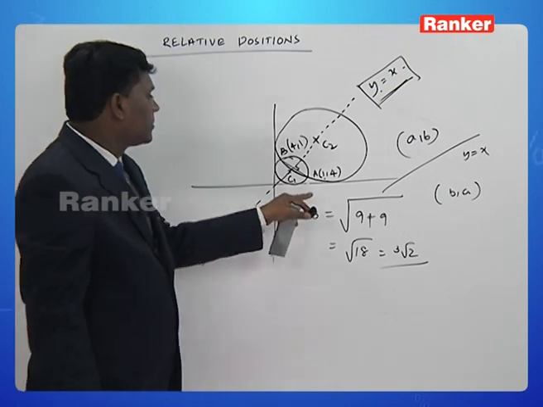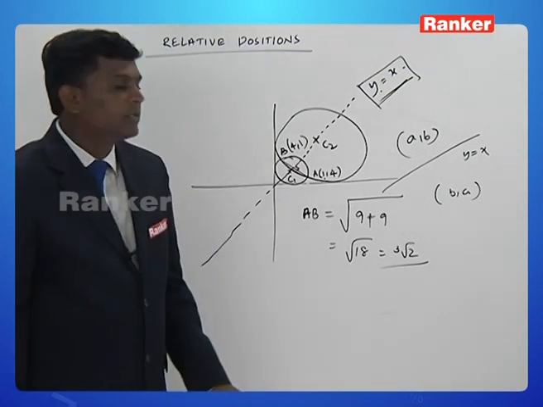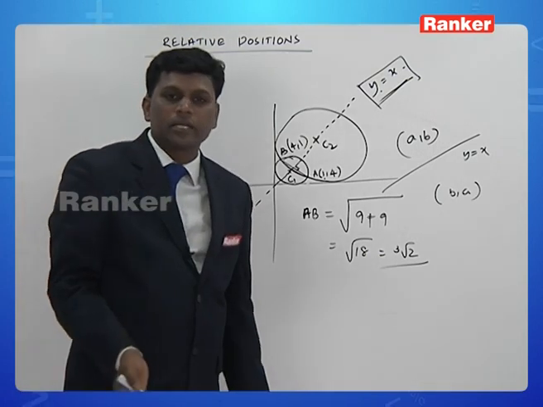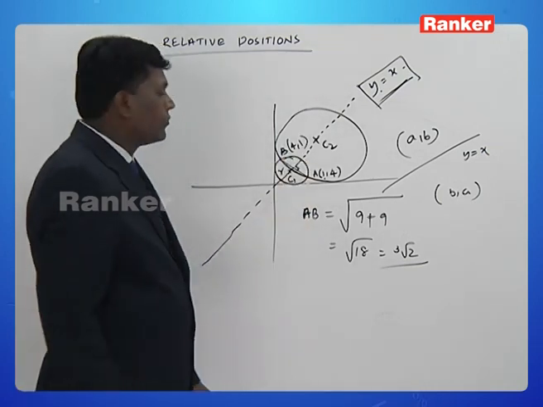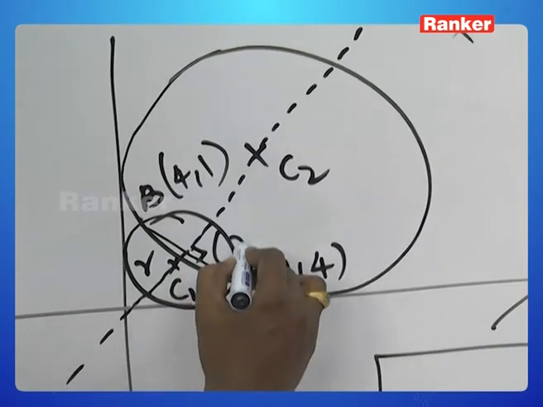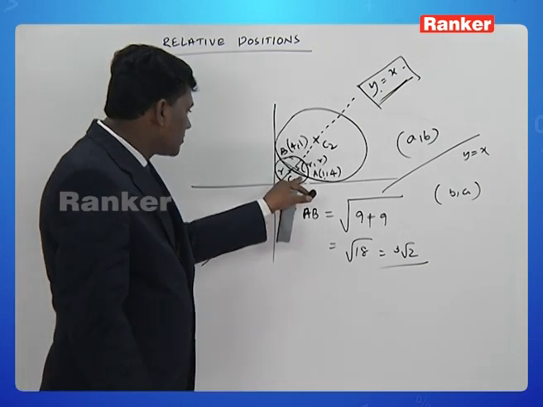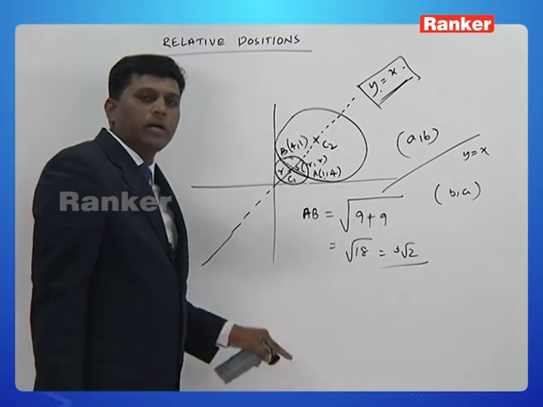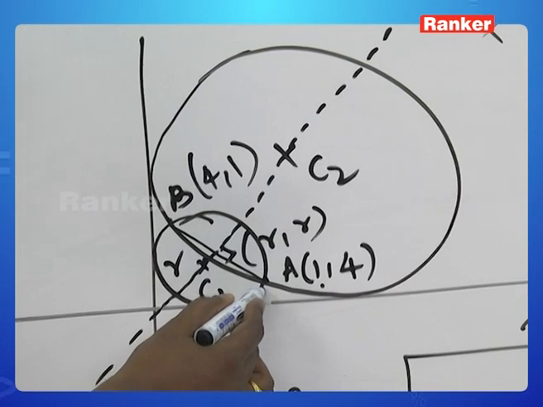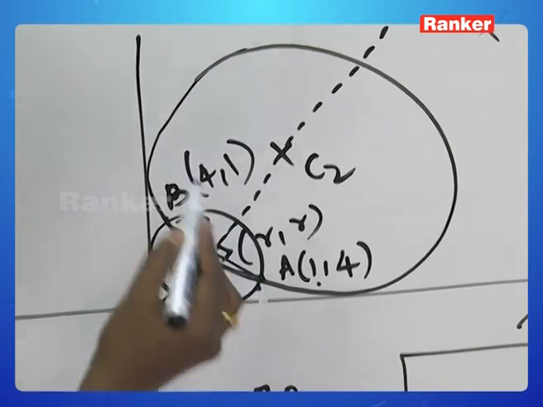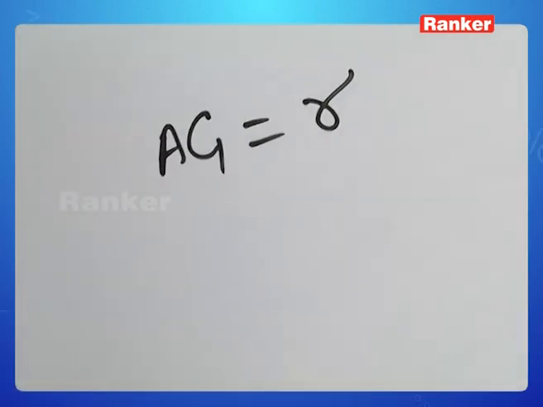Now coming to the other one, if we want to find out the equations of circles individually, we require the radius of the circles. If you are taking one of the radii of the circles as some r, we know that the center will be (r, r). As per the analysis given just now, we know the center, and we know a point on the circumference. Joining these two points, AC1 equals obviously the radius.